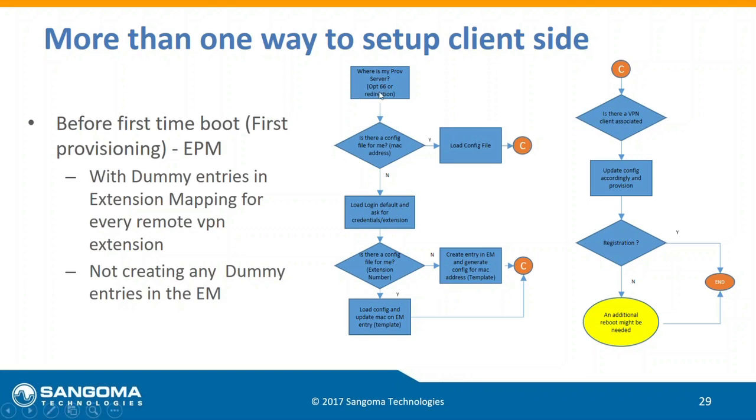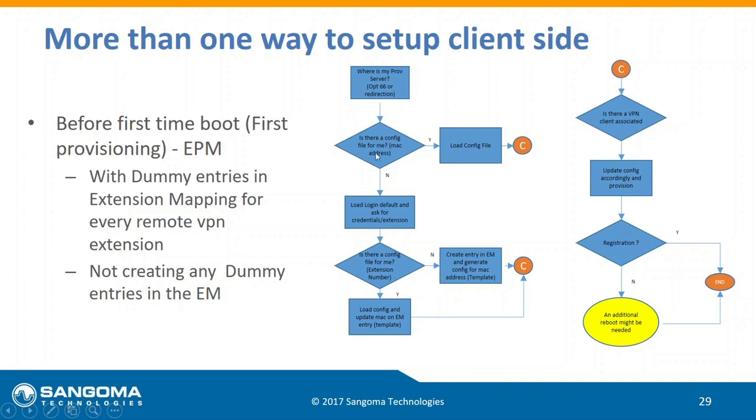If there is no option 66, then the phone is going to try the redirection server provided by Sangoma. It's a default FQDN where all the phones will, as a last try, find out if somebody there knows where the provisioning server is. But if you are not using redirection, the only thing you need to do is make sure that the provisioning server is provided via option 66 to the phone.